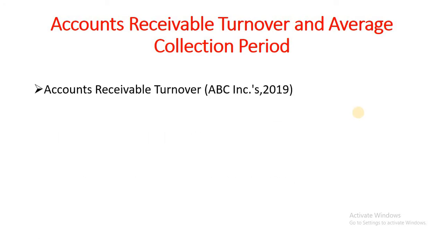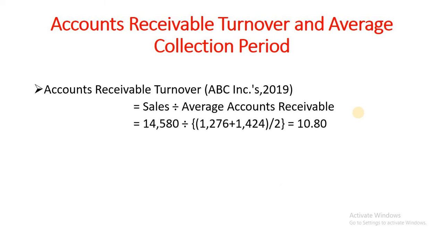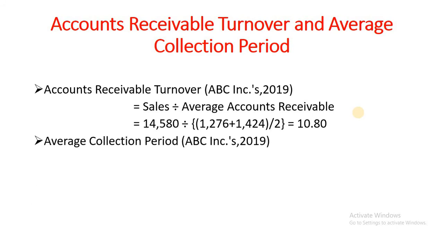Let's look at the account receivable turnover and average collection period of ABC Incorporation. We know that account receivable turnover is equal to sales divided by average accounts receivable. Based on this formula, account receivable turnover of ABC Incorporation is 10.80.